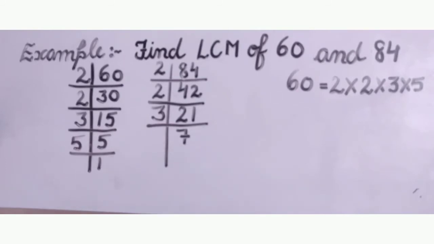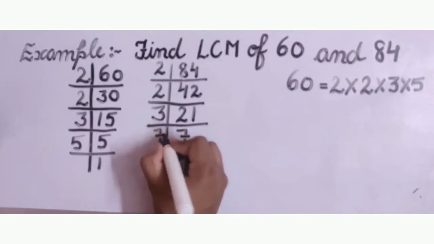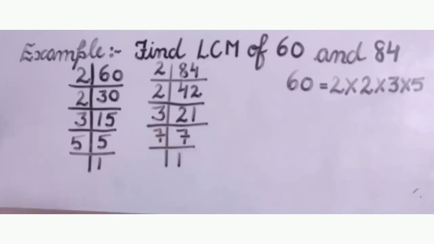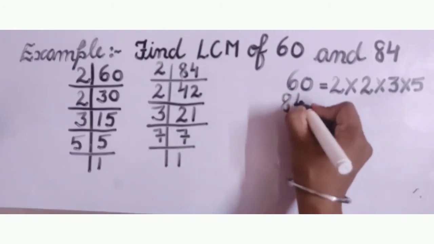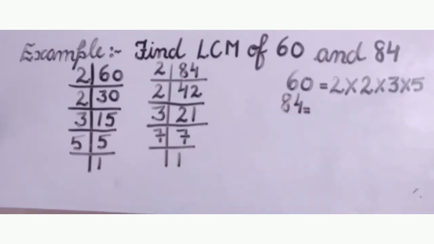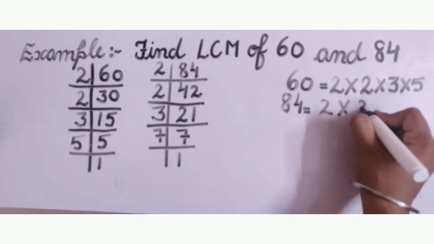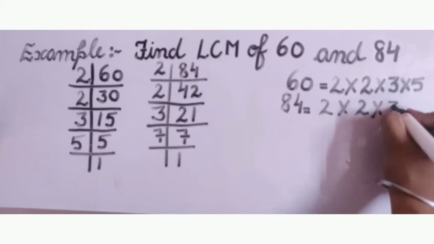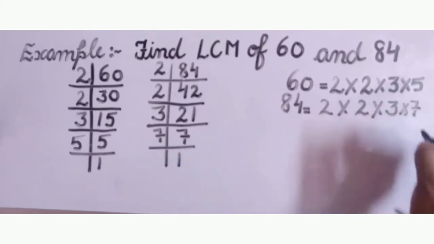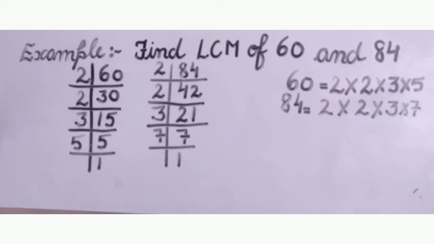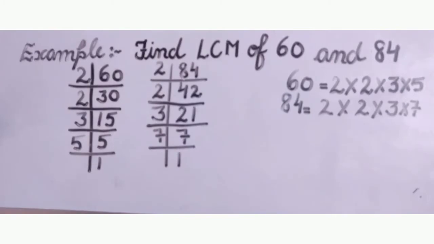It cannot be divided by any other number. So we will try to divide with the 7 only. 7 ones are 7. Now let's write 84 also as a product of the prime numbers. 2 multiply 2 multiply 3 multiply 7. Students, this is my first step when we are finding out the LCM of the given numbers.